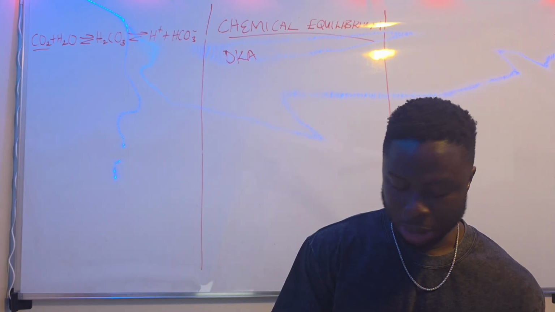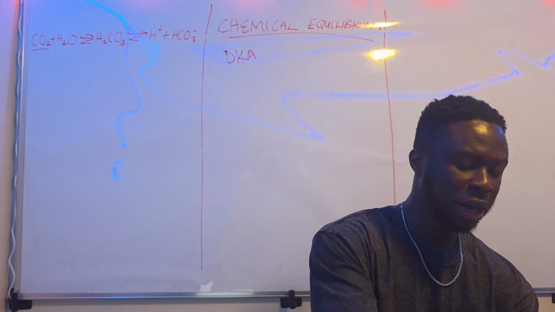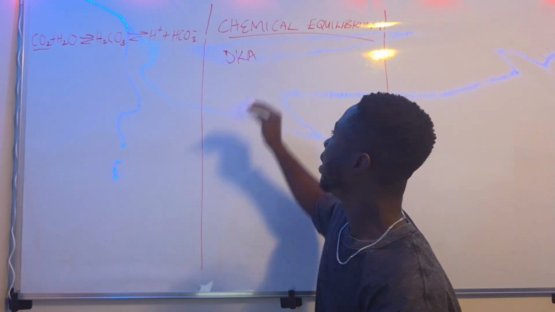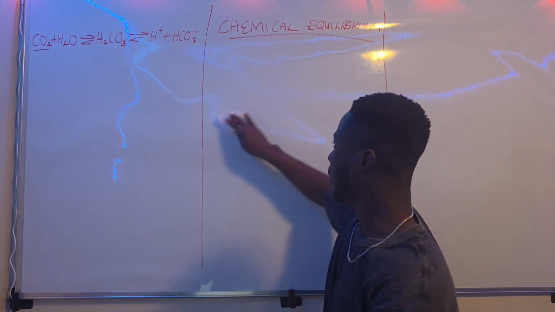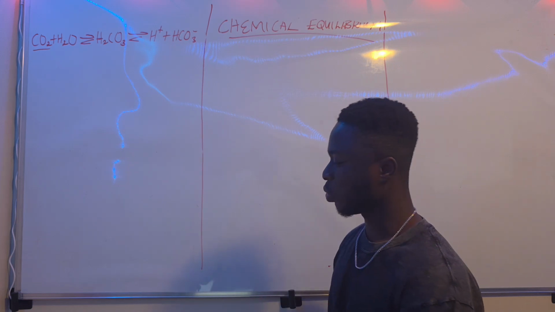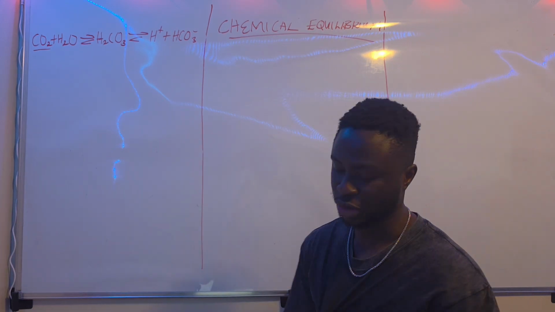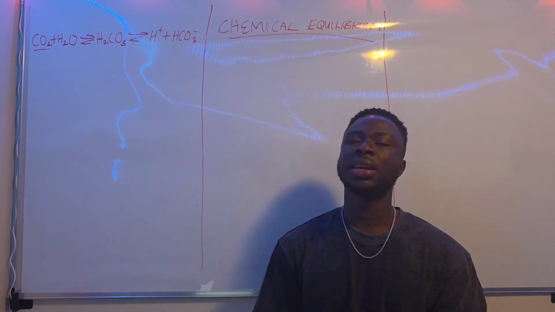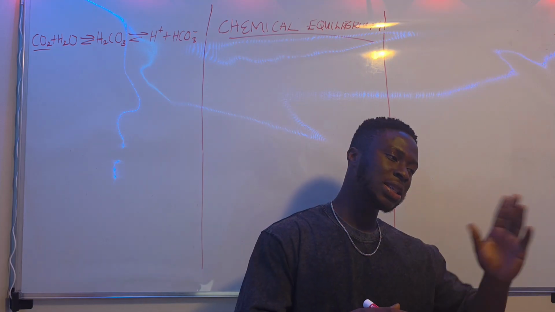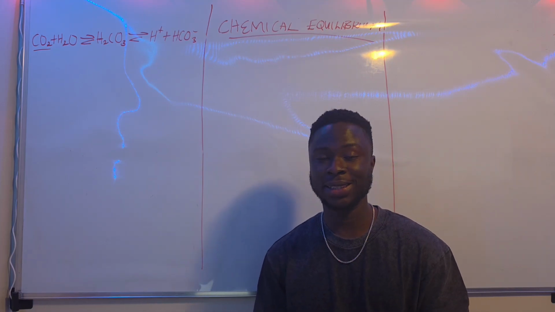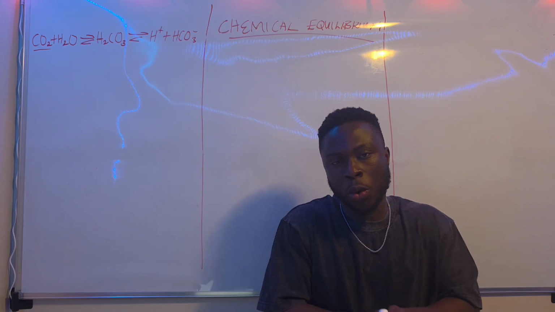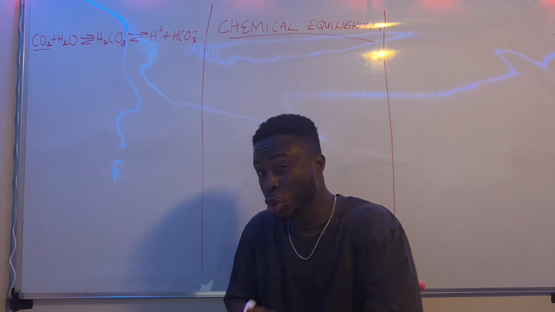When we talk about chemical equilibrium, what we are basically asking is: what is the midpoint of the reaction? If you remember our last chapter, chapter 5, we talked about chemical kinetics, which was about rates, how fast reactions occur.